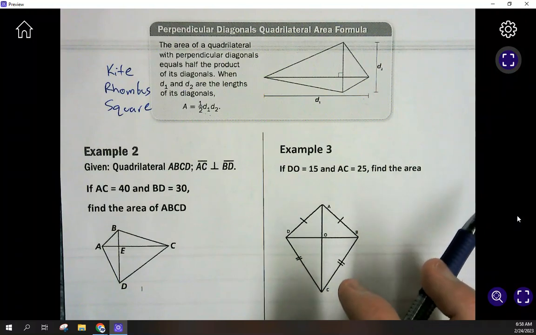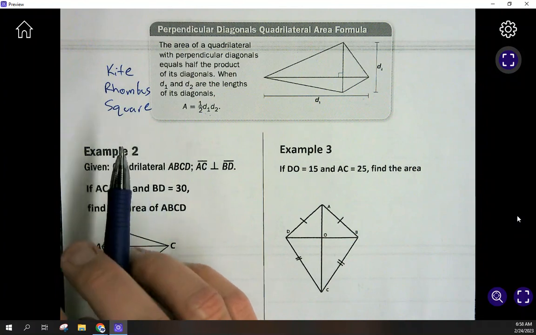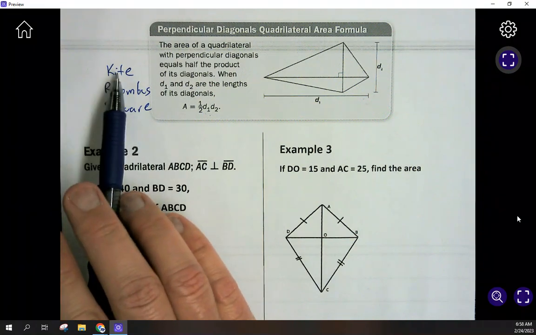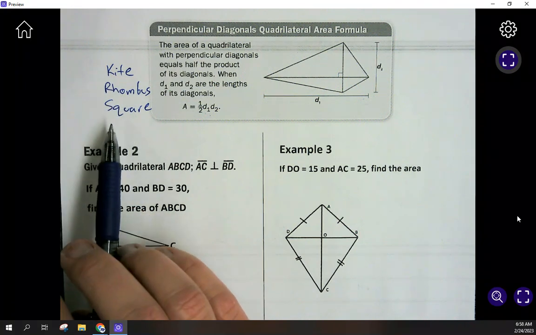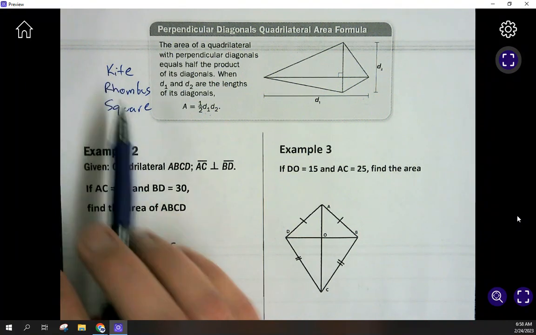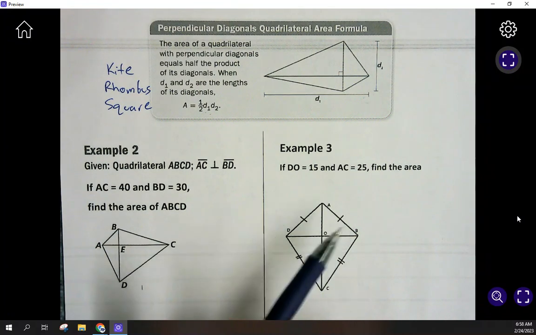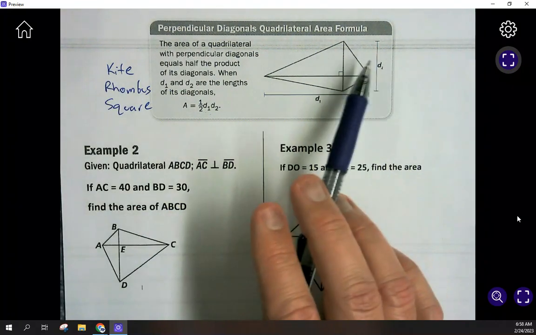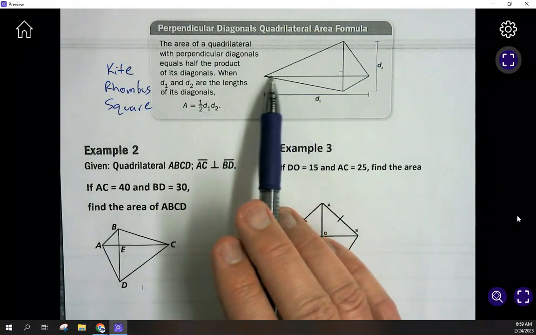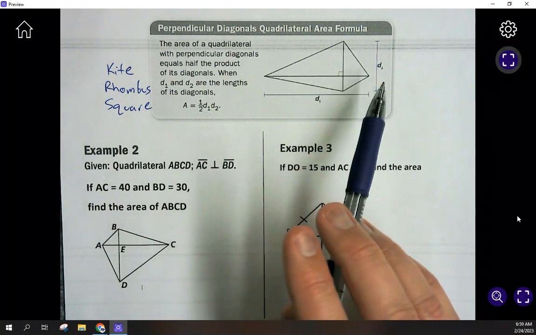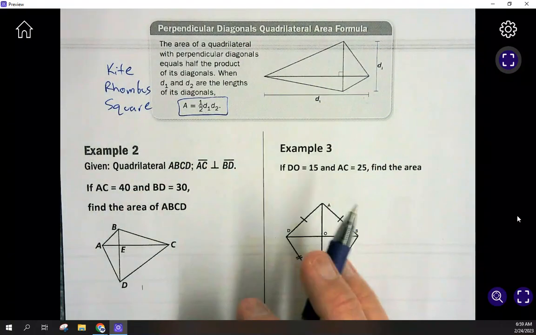So, if we're given a problem and they tell you that it's a kite, a rhombus, or a square, or there's enough information in the picture for you to know that it's a rhombus or a square or a kite, like all the sides are the same, or you've got 2 equal sides, 2 equal sides, 2 pairs of consecutive sides, that's a kite. If they don't give you enough information or tell you that it's one of those 3 special ones, they also could just tell you that the diagonals hit at 90, and this formula still holds true.